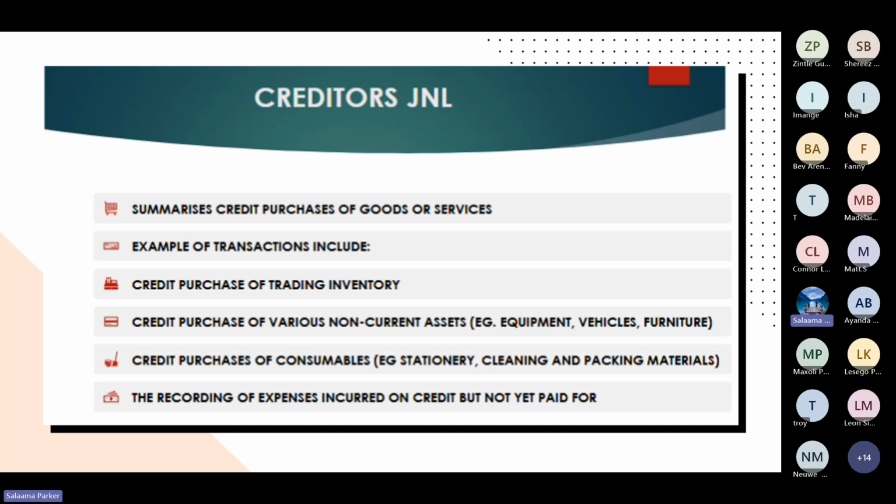And any other expense that is incurred on credit and not yet paid for. So remember, these are your possible transactions: not only trading inventory, but anything additional can also be recorded into your creditors journal. Non-current assets, consumables, expenses that have been incurred.